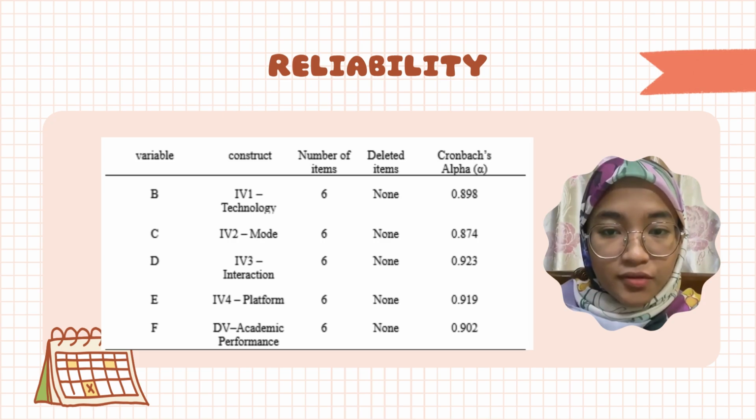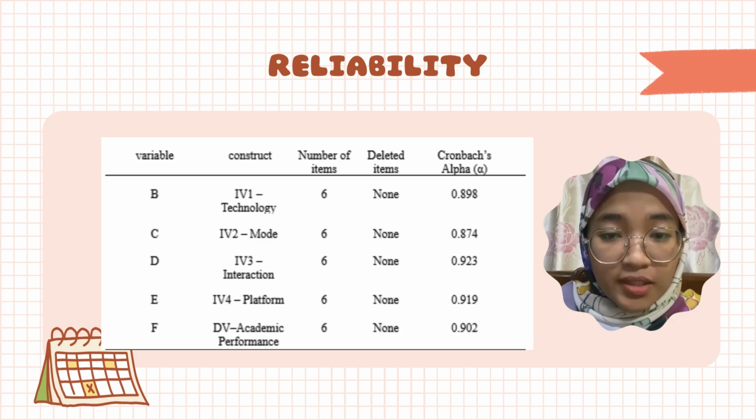Reliability analysis was done to check if the questionnaire items were consistent in measuring each variable. Cronbach's alpha was used for this purpose. It shows how well a group of items works together to measure the same thing. A value of 0.70 or above is usually considered acceptable. The results for each construct are as follows. Technology 0.898 means good reliability.